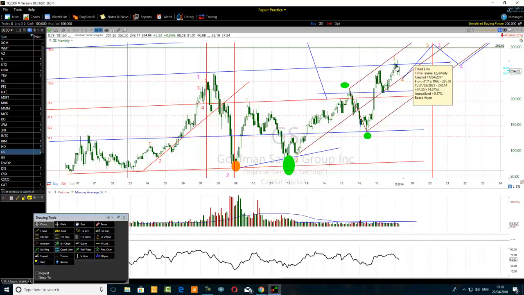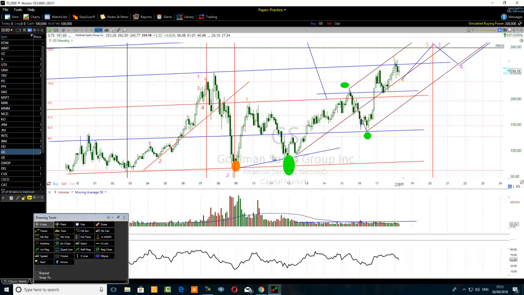But if we stop where it is now, what we are calling now third wave of a higher degree will become the X wave, and we will be talking about an extension of this corrective phase in the form of flat correction, which will become what we call the WXY wave, the W forming the flat correction, and the X being a trend that has failed, which means this is supposed to be a trend in this session here. If it failed, it becomes the X wave, and we will forecast that Goldman Sachs will go into correction.